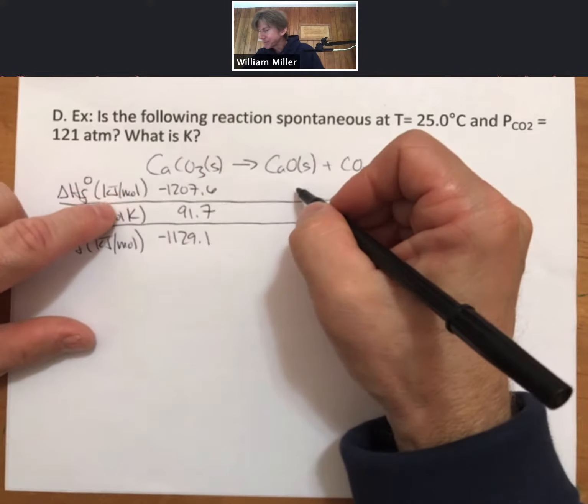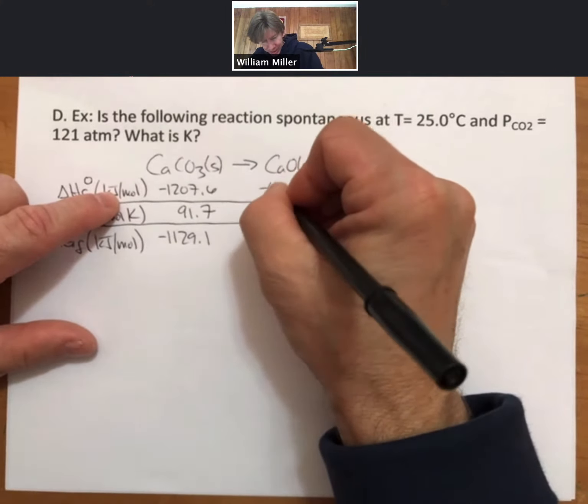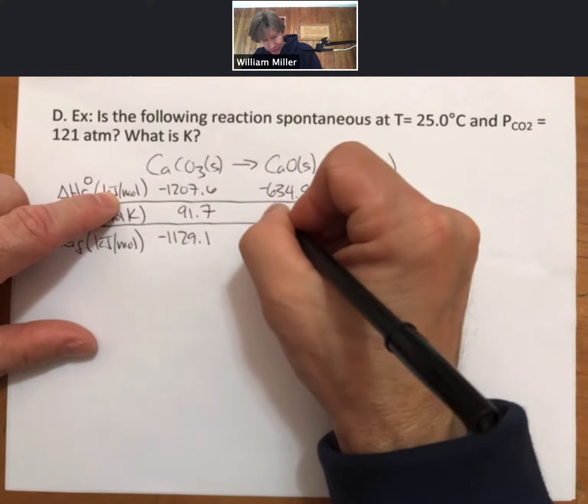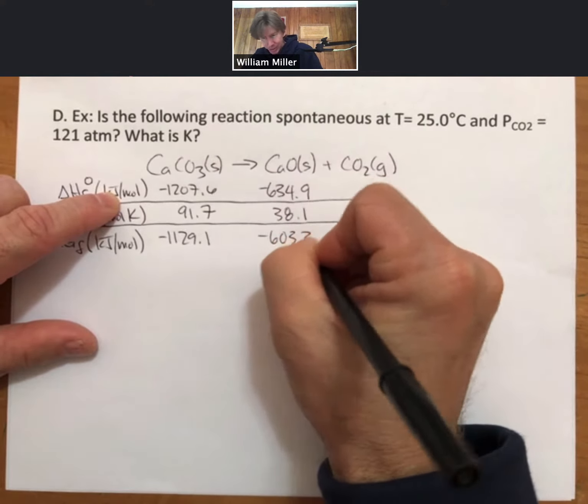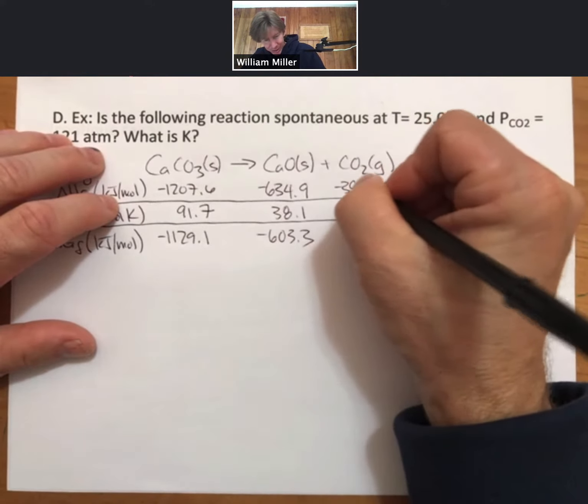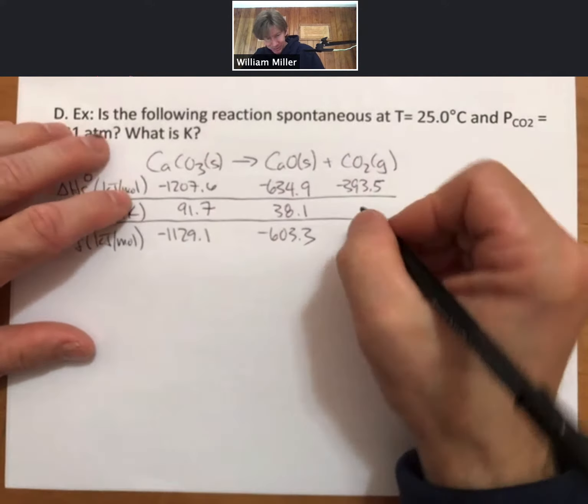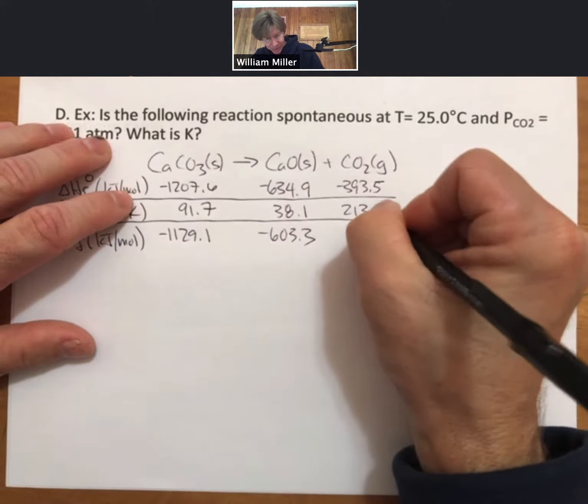Calcium oxide, minus 634.9, 38.1, minus 603.3. Carbon dioxide, minus 393.5, one of the more popular things to have in reactions.